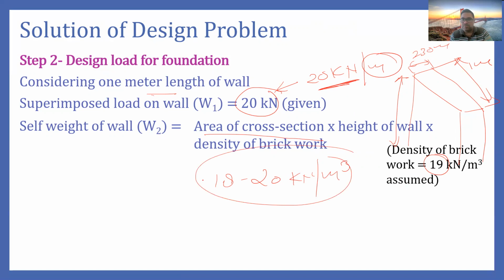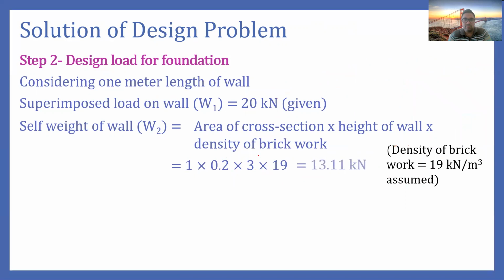So height of wall is 3 meter, and thickness of wall, sorry, it should be 0.23, because we are using conventional bricks. So it will be 0.23 multiplied by 3 multiplied by 19. Calculating this, we get the load W2 as 13.11.